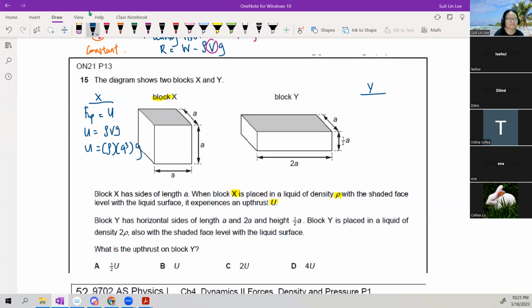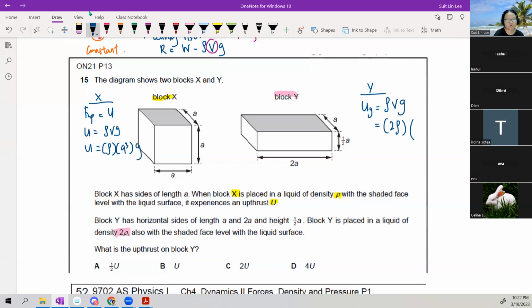Do the second one. This one has a slightly different shape, but block Y is placed in a liquid of density 2 rho. Interesting. So I repeat again. Let's say this is Uy. I don't know what Uy is, but I'm looking for it. The density, the volume, gravitational acceleration. But this density is 2 times.